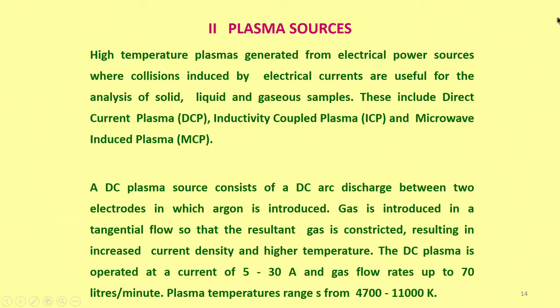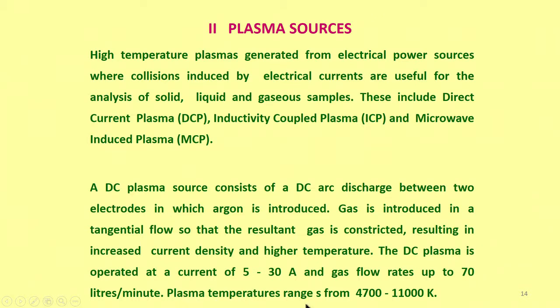Okay. So, the gas flow rates: gas should be passing through the electrode in a tangential way. So, the gas must be flowing, how do you define a flowing gas? Speed. So, the speed is up to 70 liters per minute of gas required, it is very high.